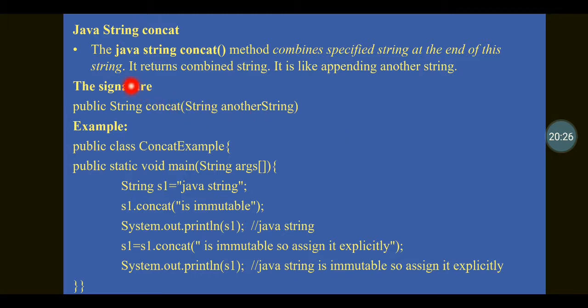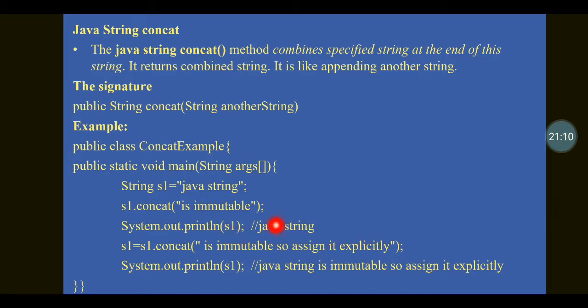And concat, so String.concat(). concat is a method which is used to combine two strings. Here String s1 is "java string" and s1.concat(" is immutable"), which means that the java string is concatenated with "is immutable", but it won't affect the original value of s1. So when you print this, it will return "java string" only. If I want to print the concatenated value, then I have to store it like this: s1 = s1.concat(...). concat is the method. s1.concat(" is immutable, so assign it explicitly").